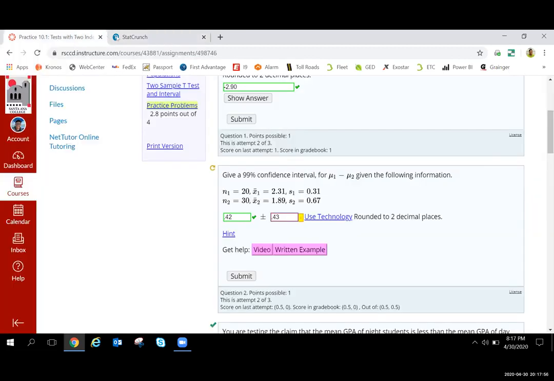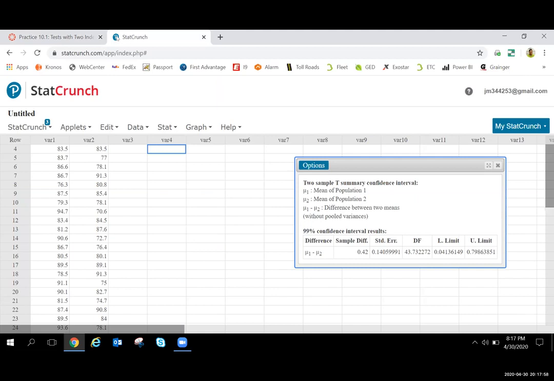So 0.42 plus or minus. So the standard error is, so it's 0.42 plus or minus 0.14, right? Because it's the... Right. Okay.